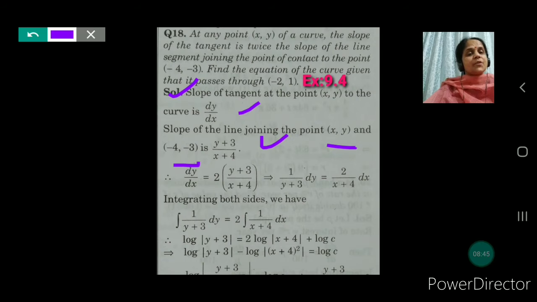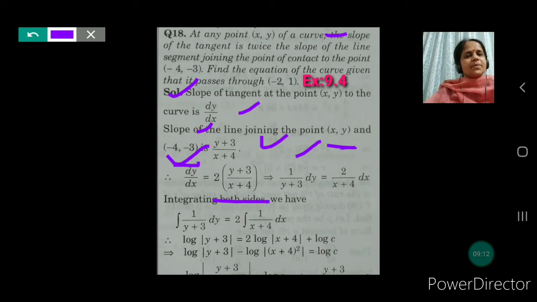Apply the formula, students: (y minus y1) upon (x minus x1). So it becomes (y plus 3) upon (x plus 4). Okay. And now the condition is given that the slope of the tangent is twice the slope of the line. So here dy upon dx is equal to 2 into (y plus 3) upon (x plus 4).